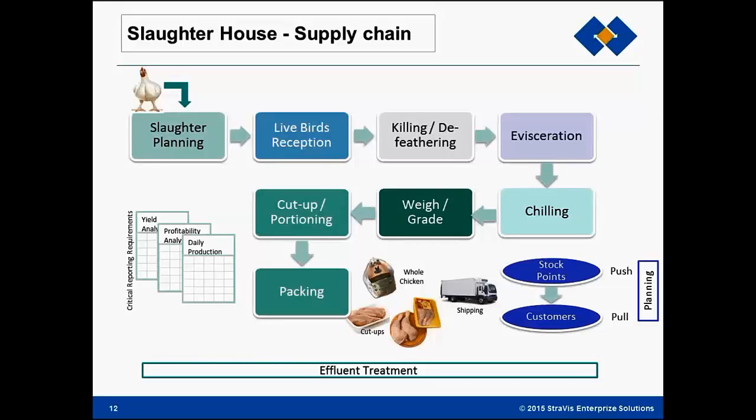So the most critical requirement here is monitoring the mortality and cull. Also record the medicine, feed, and vaccine given to the birds in the shed, and monitor the daily production report from the farm, and record the flock performance in terms of weight.